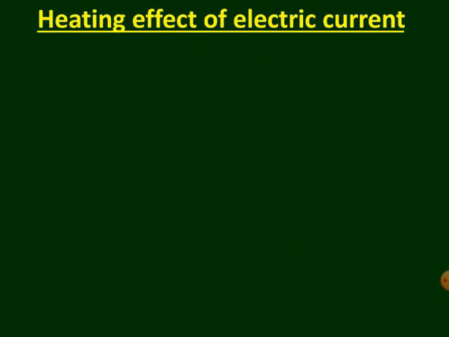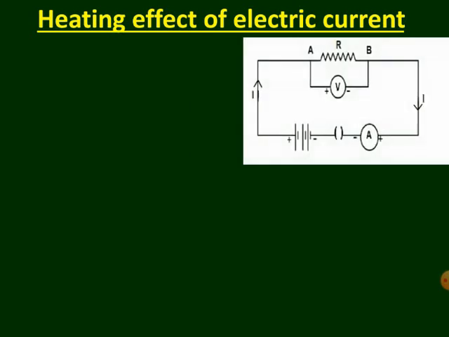Okay, now let's go to another important topic known as the heating effect of electric current. You know that when current passes through a conductor having some resistance R, due to the motion of the free electrons, heat will be generated. From where is that heat generated? Because the source of EMF tries to move charges against the opposition offered by the conductor.